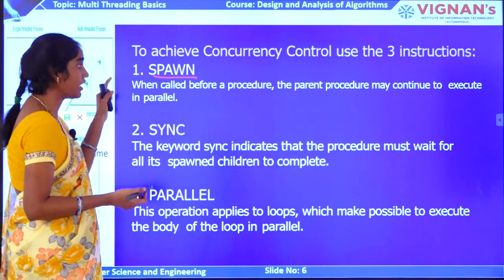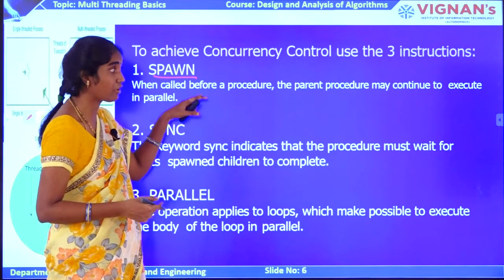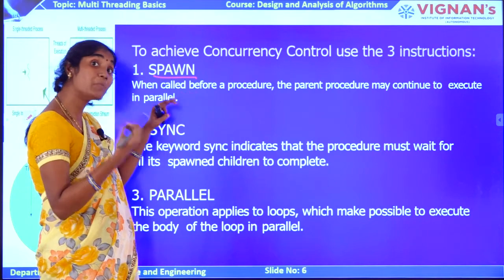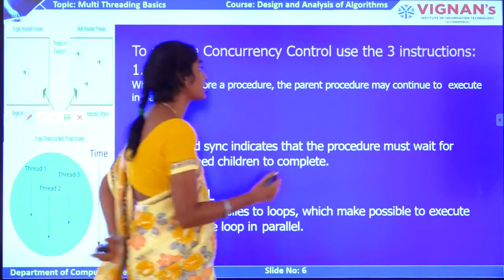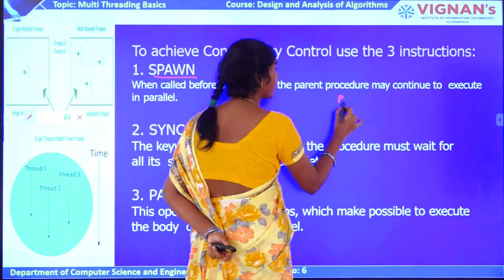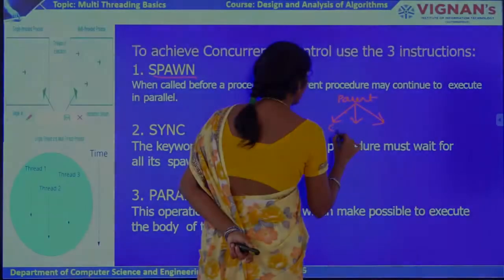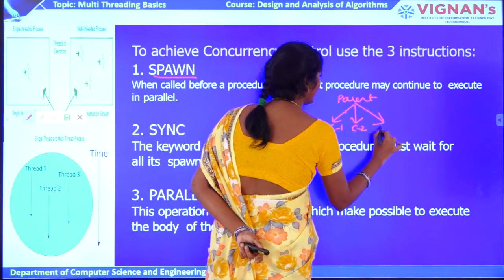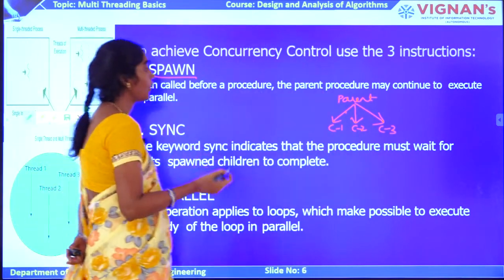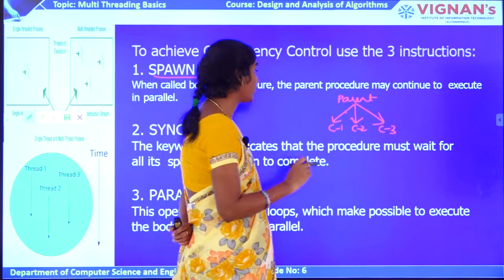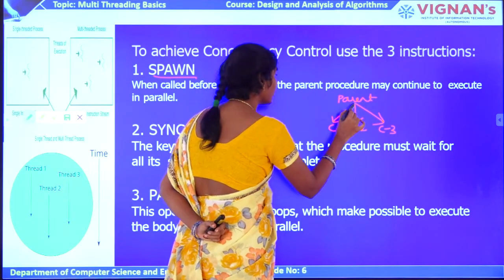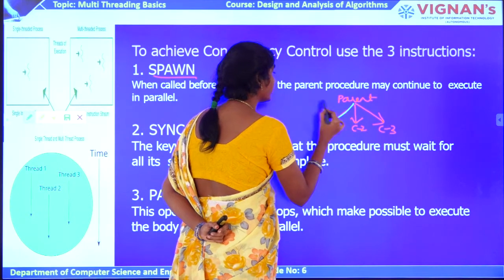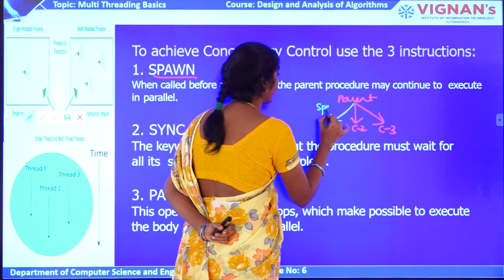Whenever we are calling a procedure, the parent procedure may continue to execute in parallel. That is, suppose here is my parent node, child 1, child 2 and child 3. Now suppose I make child 1 under spawn.